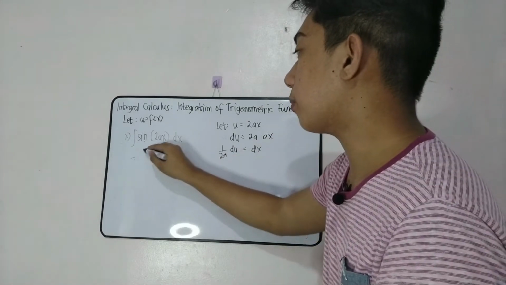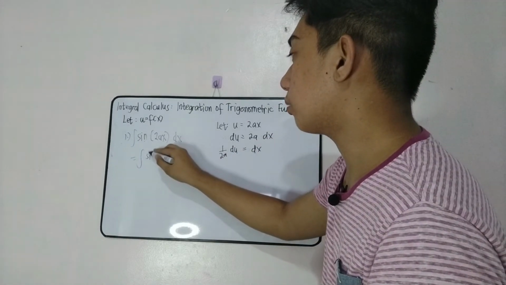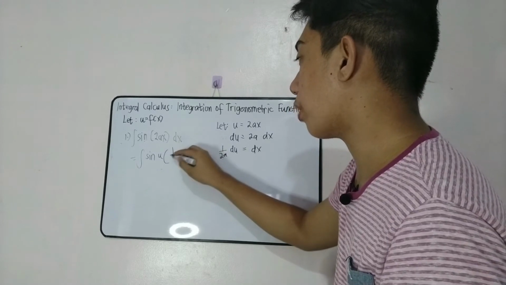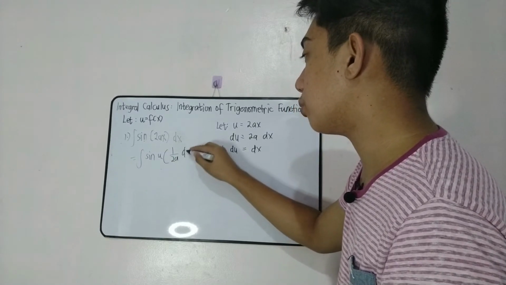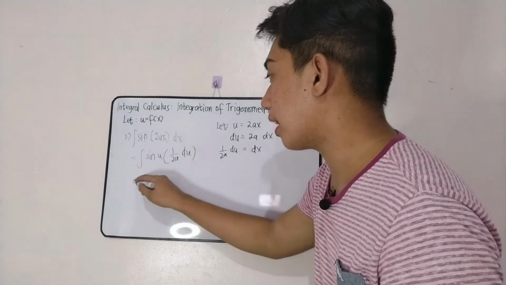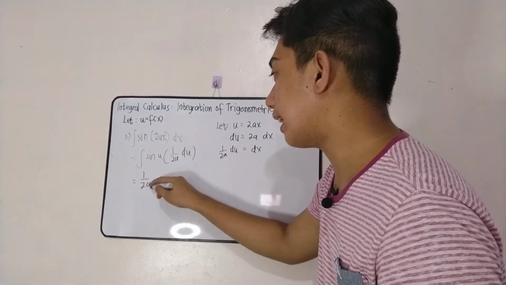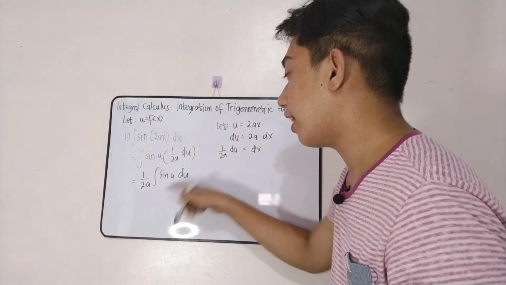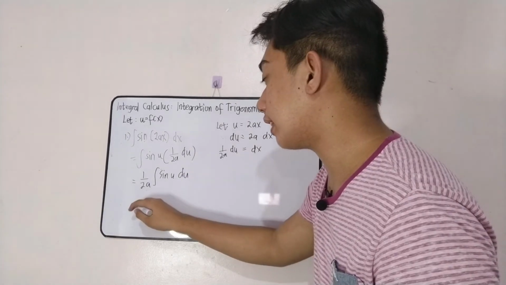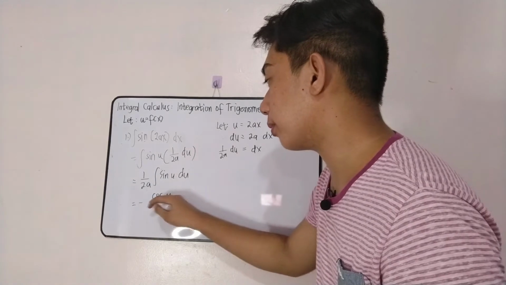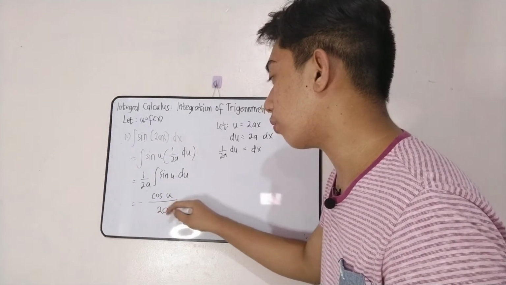For this case, we will substitute 2ax with u, and for dx, we will substitute 1 over 2a du. Since this is a constant, we take it outside. So, this becomes 1 over 2a times the integration of sine u du. The integration of this one is negative cosine. So the final answer will be negative cosine u over 2a plus c.